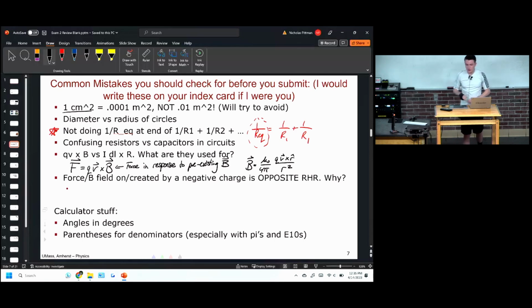Okay, the Biot-Savart law, this tells you what magnetic field a charge creates, right? Moving charges create a magnetic field. They do feel them if there's another magnetic field that they happen to be in, but they also create their own magnetic field. And this formula tells you exactly how big and what direction the magnetic field is at each location. Okay, so this is what B field does a charge create?